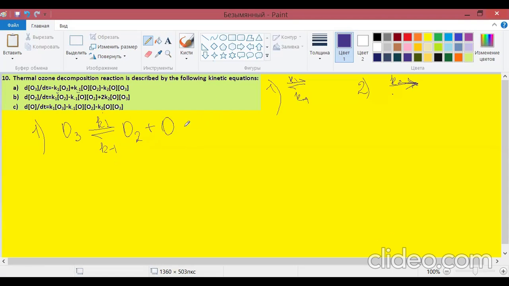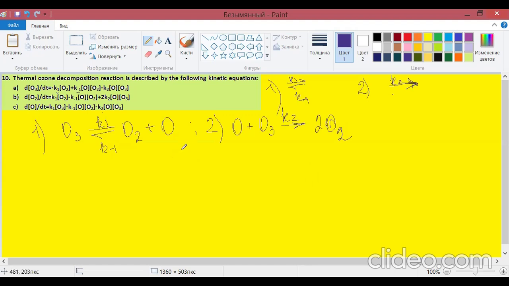And then, as it is an atom, in chemical terms, it is a very, very active particle. It attacks another molecule of ozone, and it produces two molecules of oxygen.